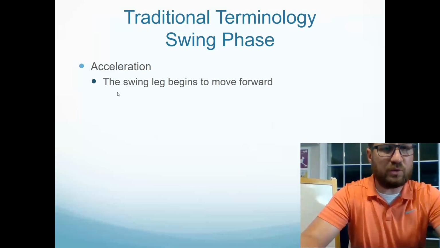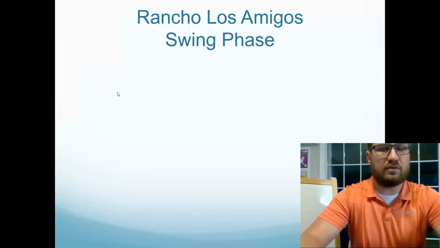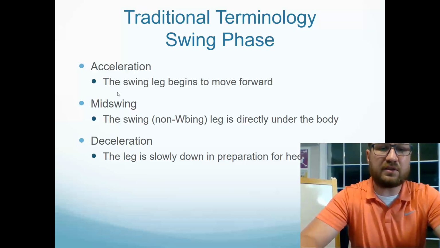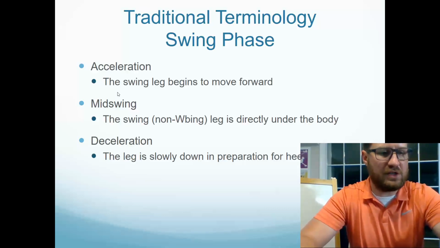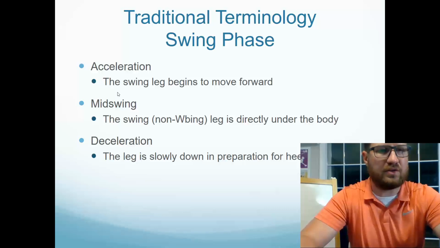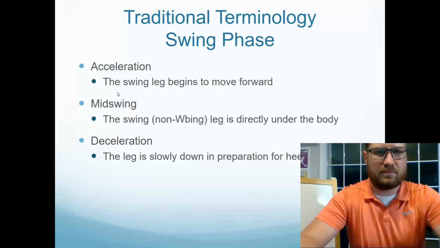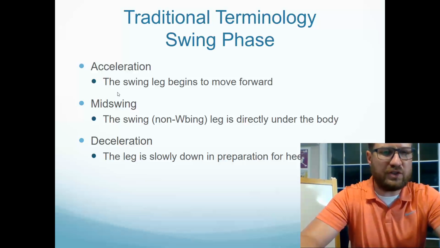Shifting into the swing phase, traditionally we have acceleration, mid-swing, and deceleration. Deceleration, we think eccentric contraction. Acceleration, we should be thinking concentric contraction. So in acceleration, the swing leg begins to move forward. We're concentrically contracting our hip flexors, our knee extenders, our knee flexors.